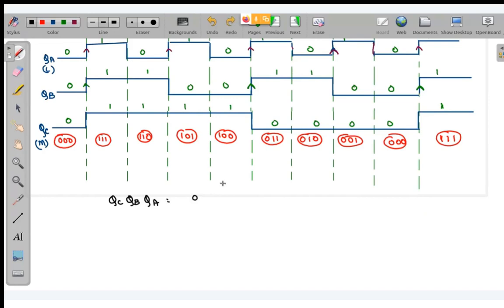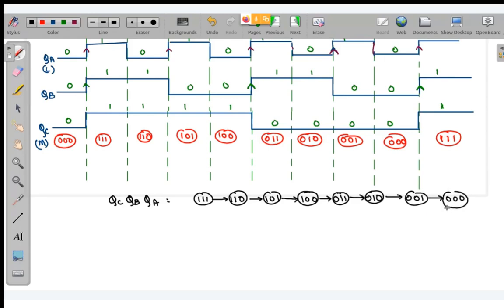Means you can start it like this also, from 1, 1, 1, then to 1, 1, 0. So this is your mod 8 down counter. Okay, mod 8 down counter.